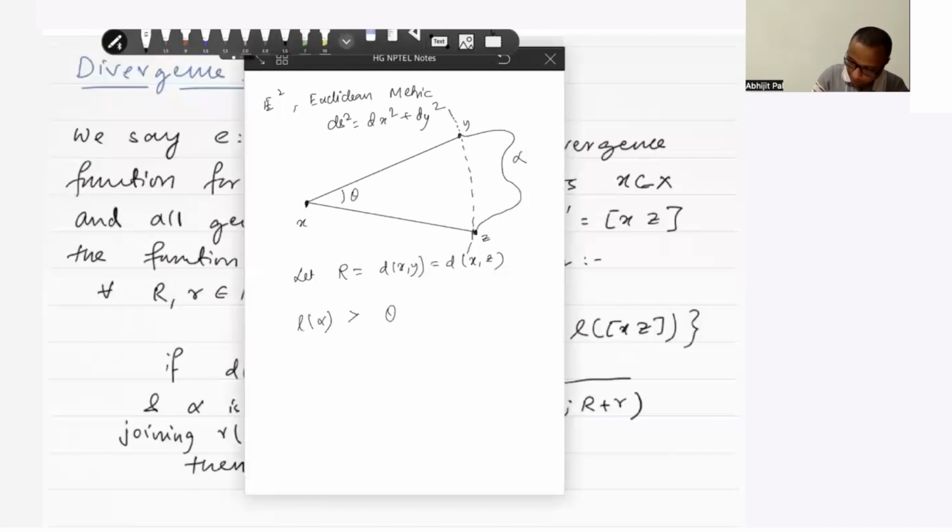Theta r is the length of this arc. So you can check that this implies that there exists a linear divergence function on E2. That is, geodesics in E2 diverge linearly.